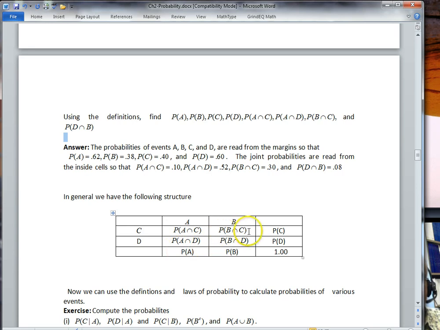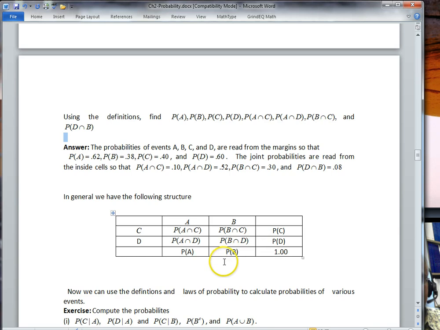And P of B intersection C, P of B intersection D, they go here, and these two add up to this. These two add up to this one, and these two add up to this one.